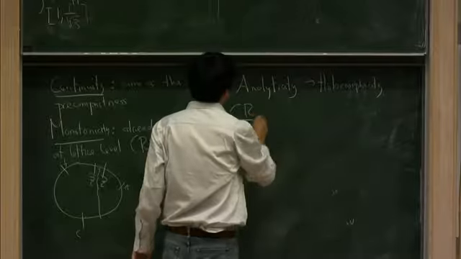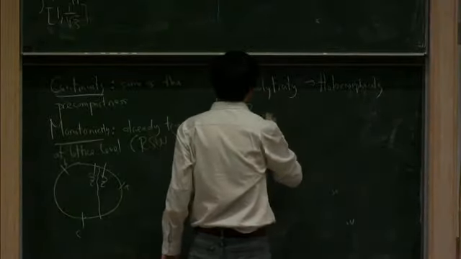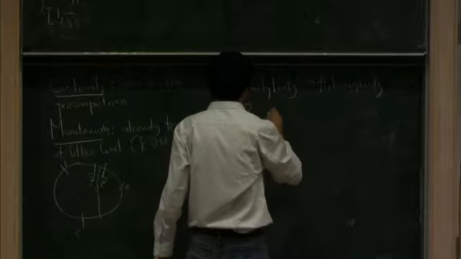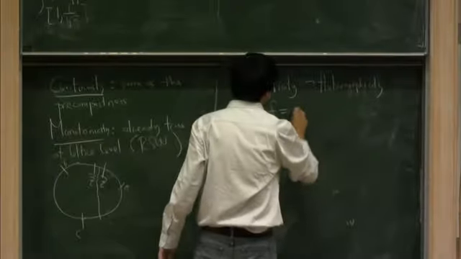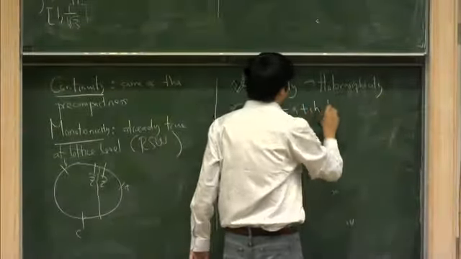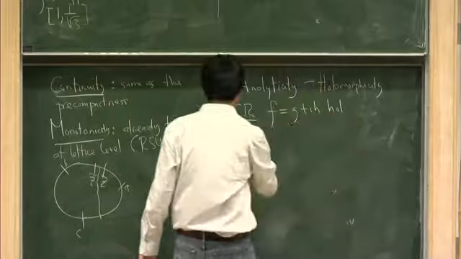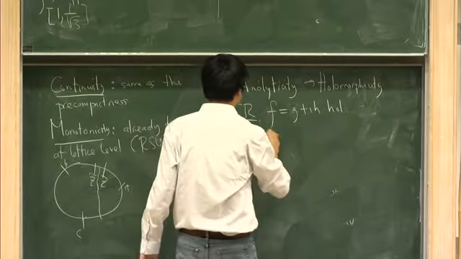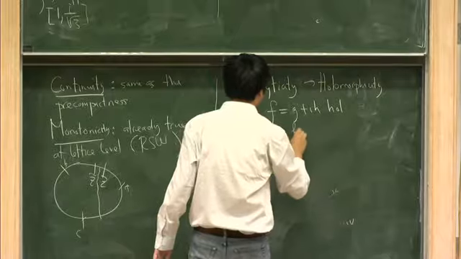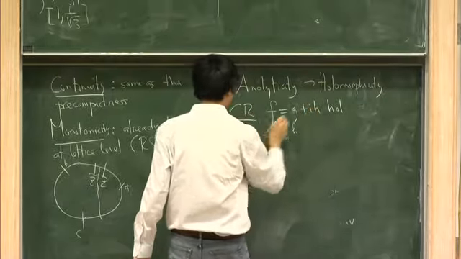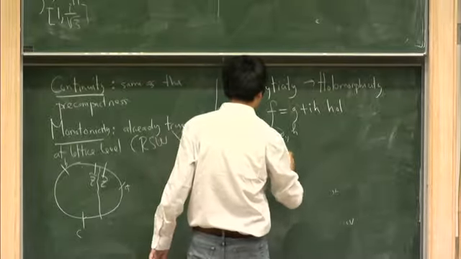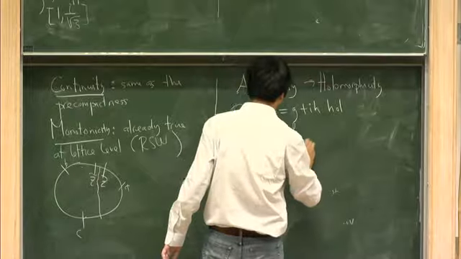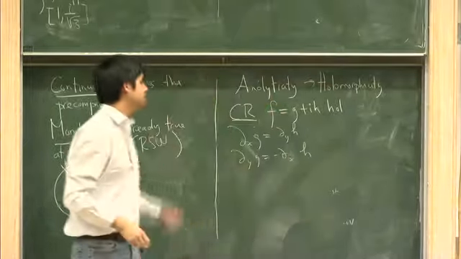There are many ways of writing it, but if you say that f equals g plus ih is holomorphic, it means that del x g is equal to del y h, that's the real and imaginary part, and del y g is equal to minus del x h.